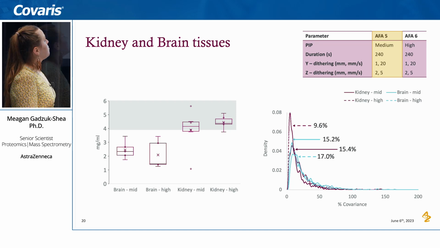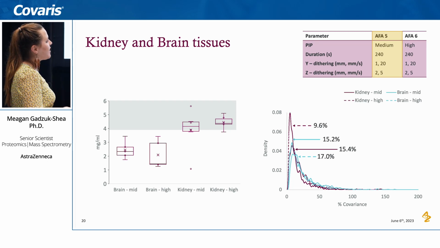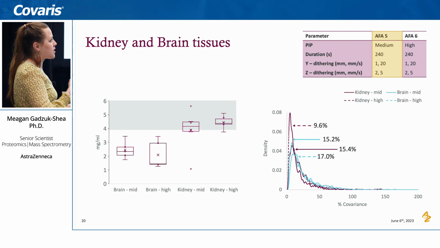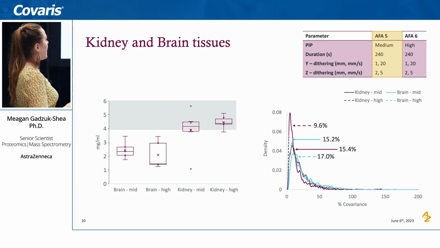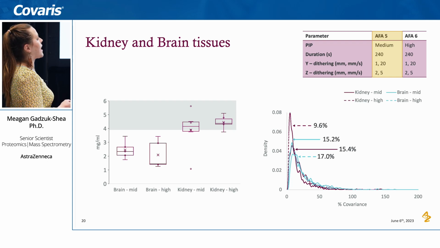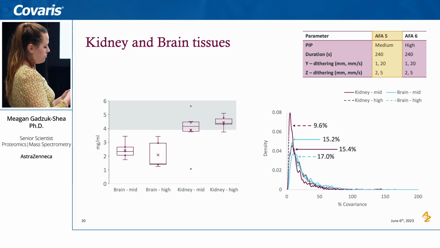Okay, so we applied that AFA 5 and 6 to some of those previous tissues that we had issues with. And with those treatments, mid and high, which is representative of the PIP, so the amplitude of treatment, we see really great extraction, really tight distributions, so very consistent and very effective.